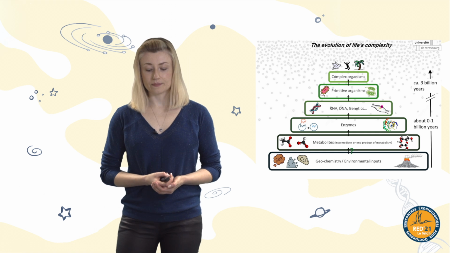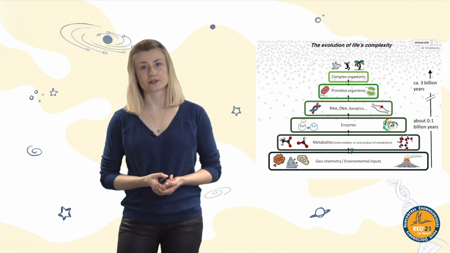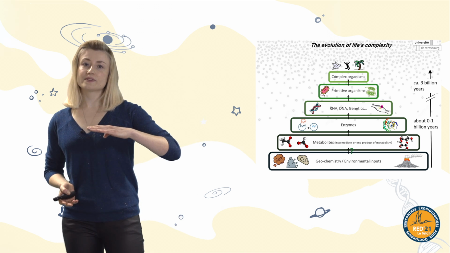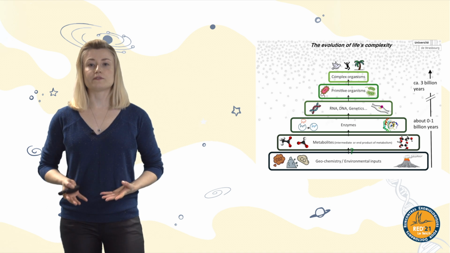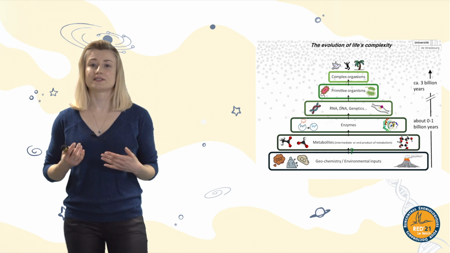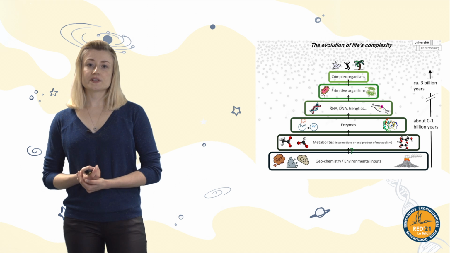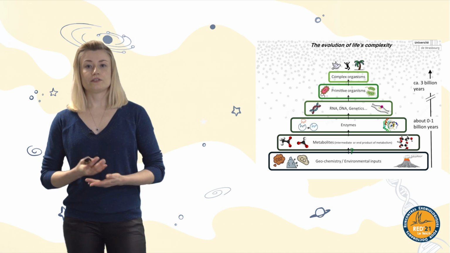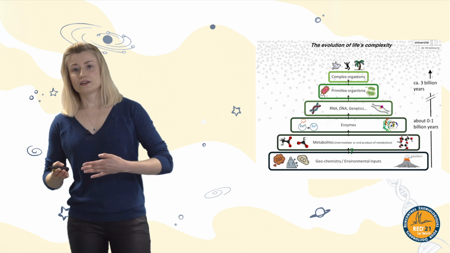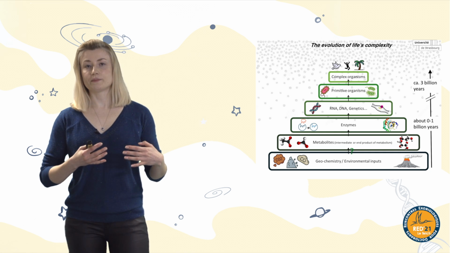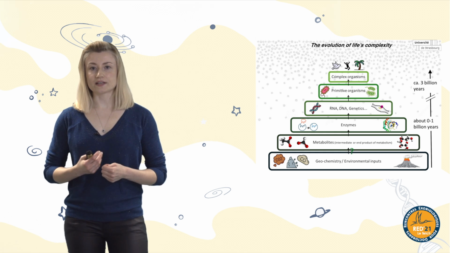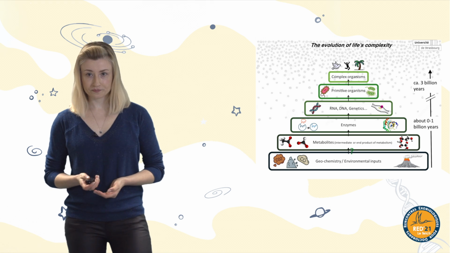The opposite hypothesis is called metabolism first. The metabolism first hypothesis follows the hierarchy from the bottom of the pyramid to the top, so it follows the order of complexity. These scientists, amongst which you can also include myself and the laboratory I work in, support the view that geochemicals must have given rise to simple metabolites, which then started to polymerize to produce, for example, peptides, polypeptides, biocatalysts, and eventually they gave rise to ribonucleotides and RNA and genetic polymers.